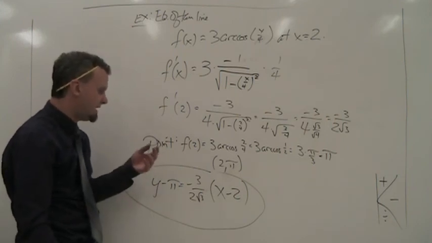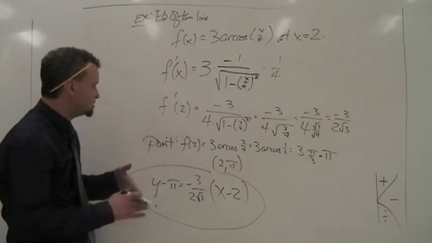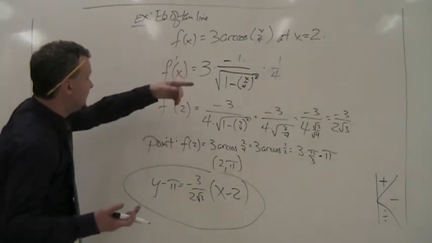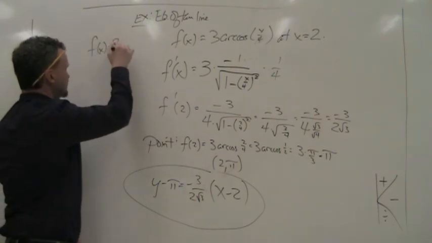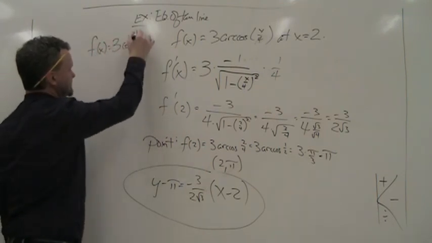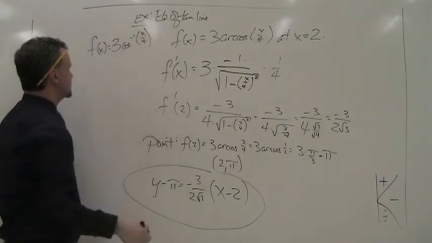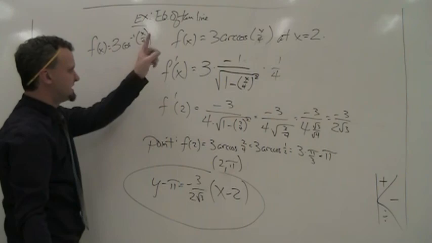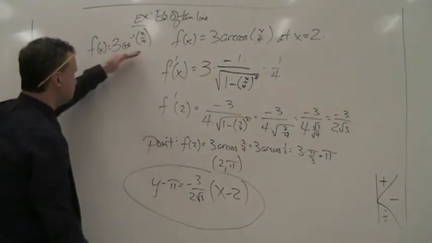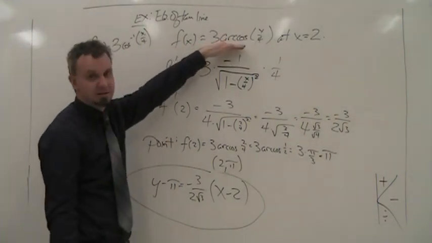All right. And the other thing, which I didn't really do much of here, and I certainly could have, is I could have obviously asked you to do the same problem at the beginning by giving you this function 3 inverse cosine of x over 4, and say, okay, do the same thing. Remember, this rule and this rule are exactly the same.